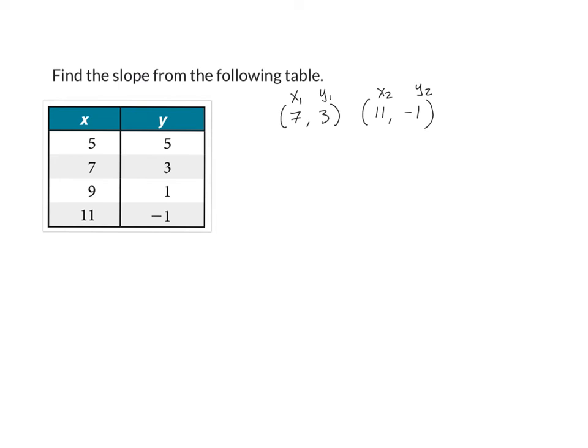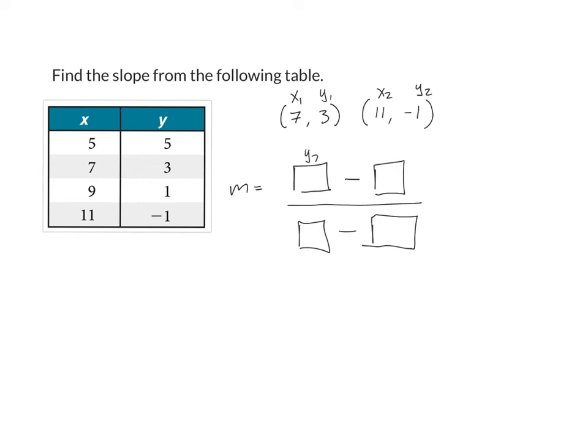So the first thing I'm going to put is m is equal, and I'm going to draw my boxes. y2 minus y1 divided by x2 minus x1. We're going to be paying attention to the first one.